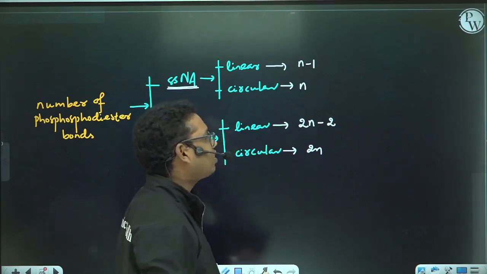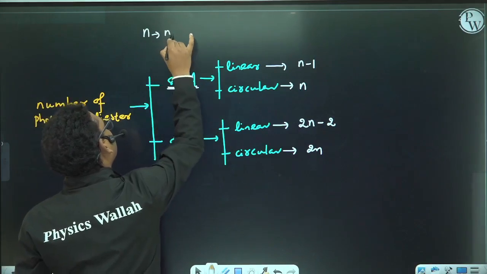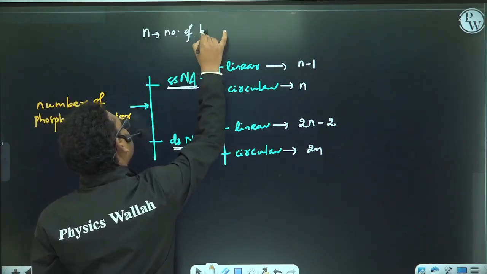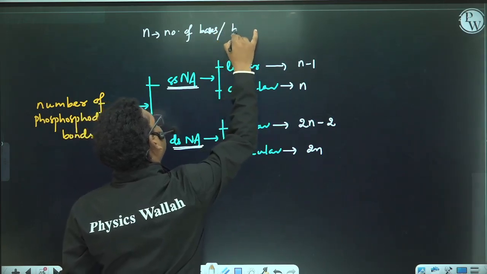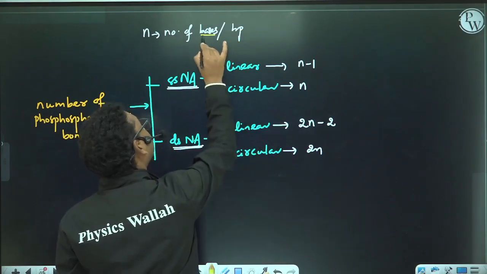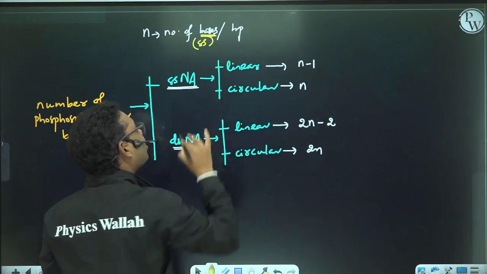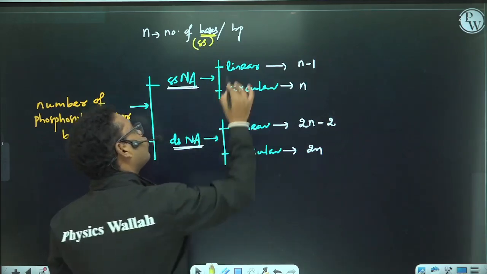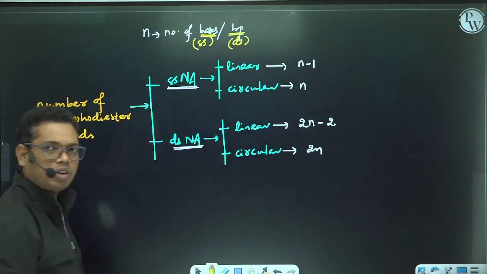Here, n is the number of bases or base pairs. For single-stranded nucleic acid, I will use bases. For double-stranded nucleic acid, I will use base pairs.